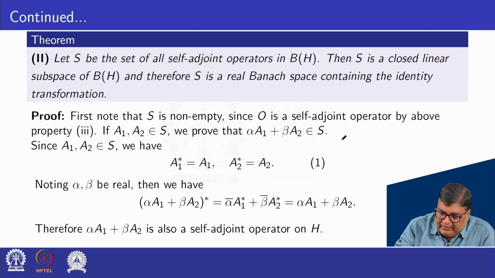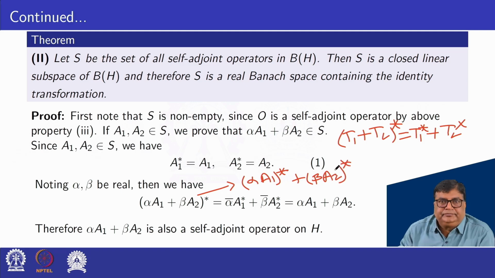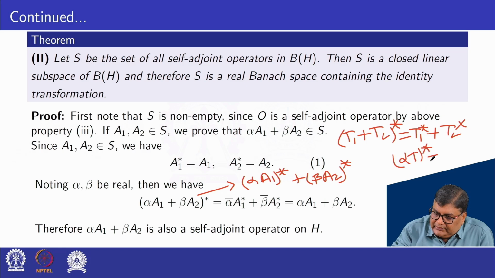Why? We know that T1 plus T2 star is equal to T1 star plus T2 star. So this can be written as alpha A1 star plus beta A2 star. And we also know that alpha T star is equal to alpha bar T star.